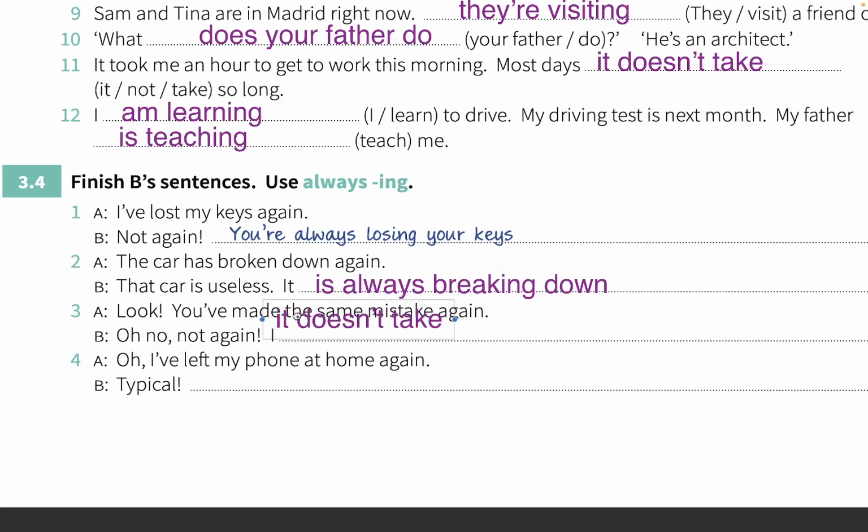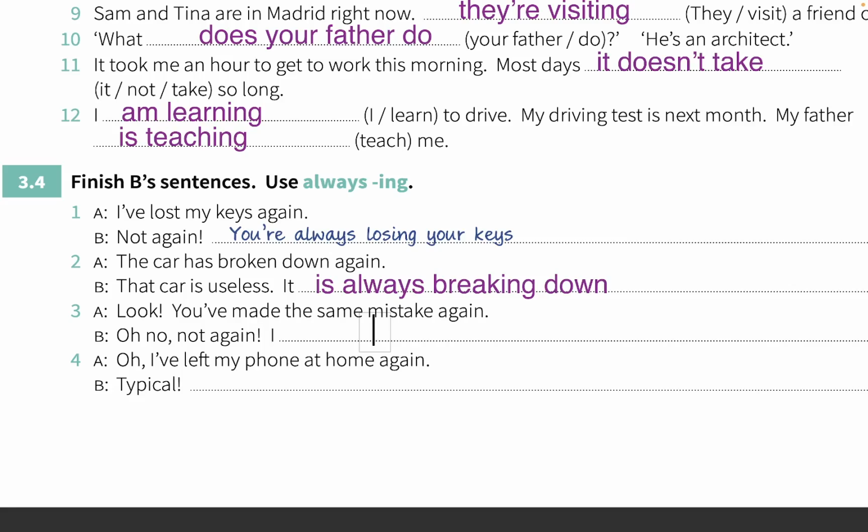Okay. Number 3, who would like to try and answer this one? A said, look, we have made the same mistake again. And B said, oh no, not again.